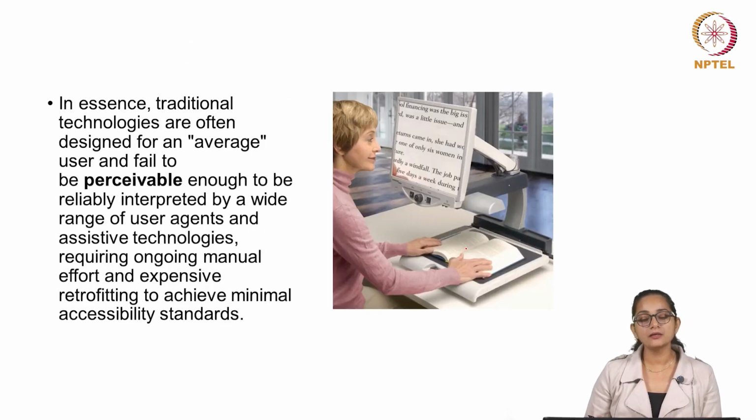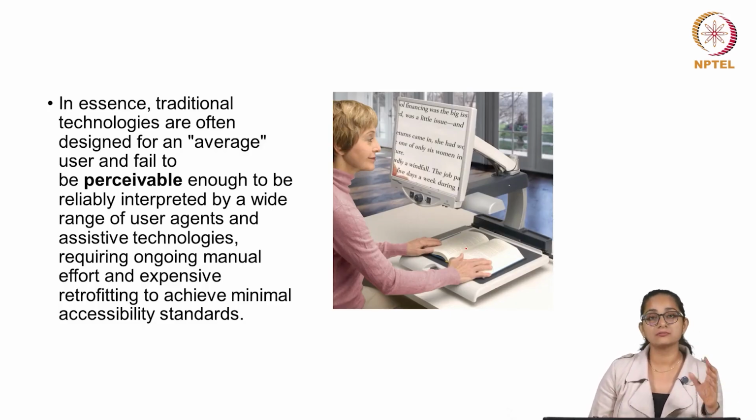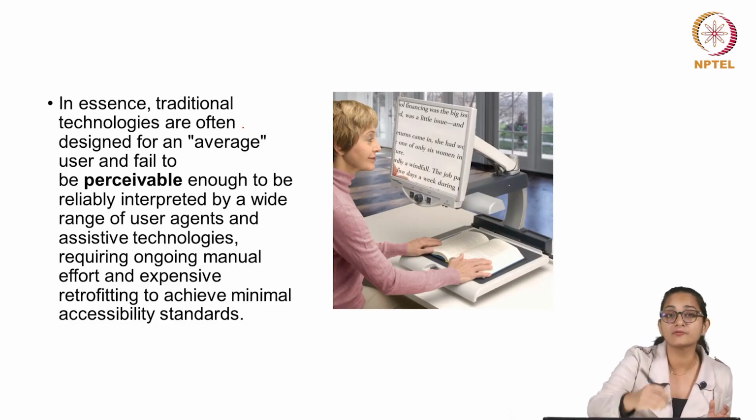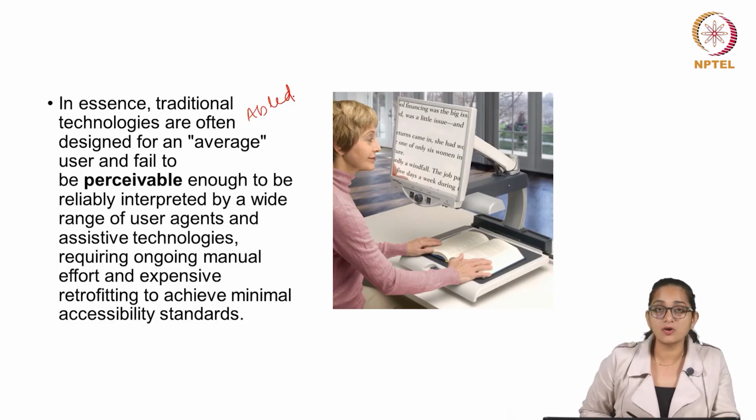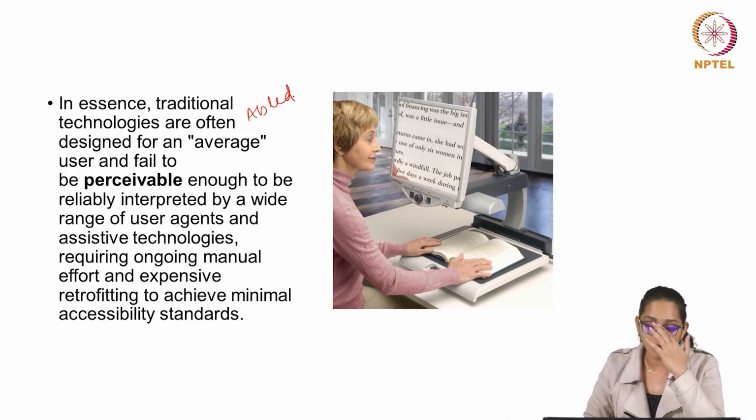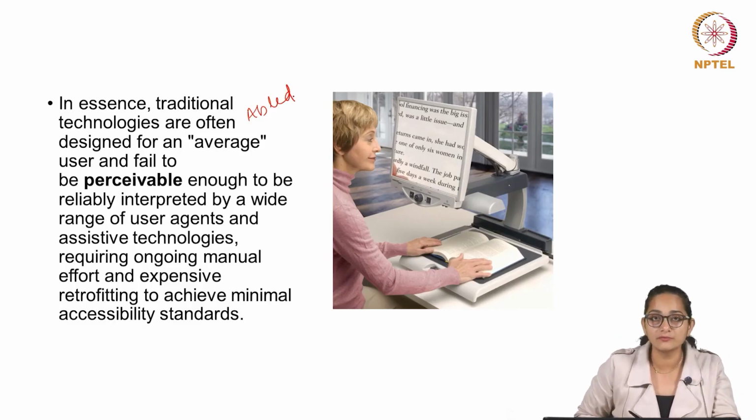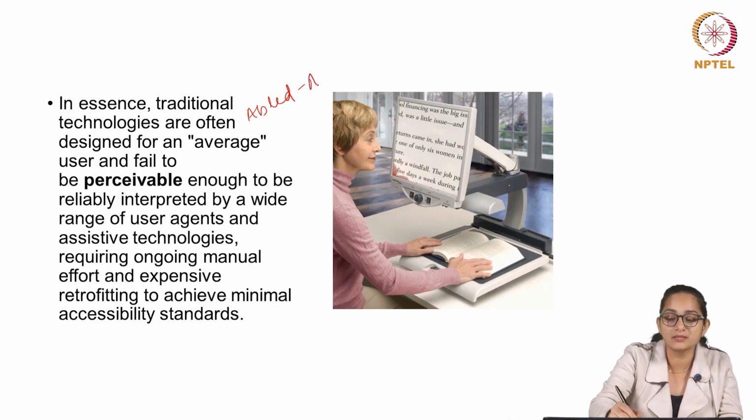In essence, traditional technologies are often designed for an average user, or rather an abled user, which is what we call ability bias. We have talked about this aspect a couple of times in the course, and you can go back to week 1 or 2, where details about ability bias are discussed.